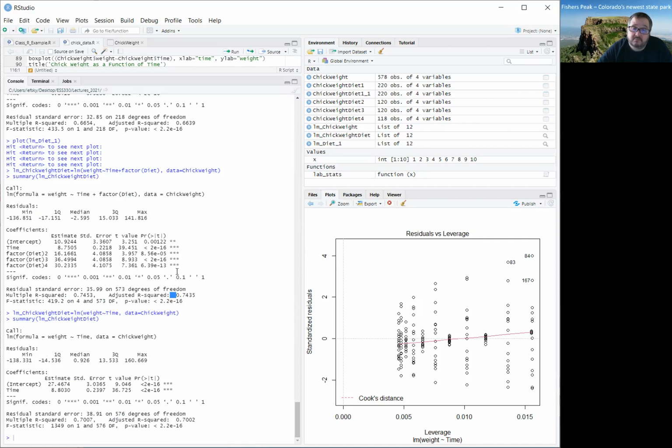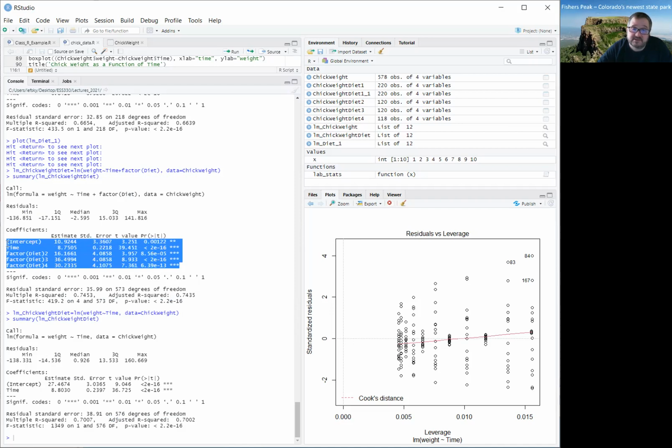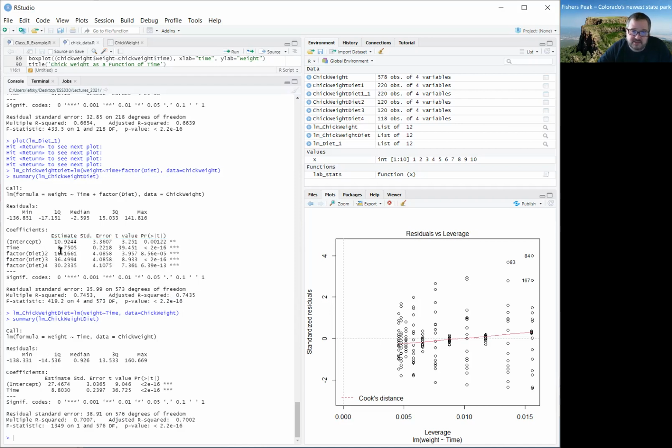So because we're explaining more variance and all of our factors here were statistically significant, that suggests that there are statistically significant differences in the weight gain as a function of the diet. And what you'll see, even though the fraction of variance explained only went up from like 0.7 to 0.745, look at the F statistic.